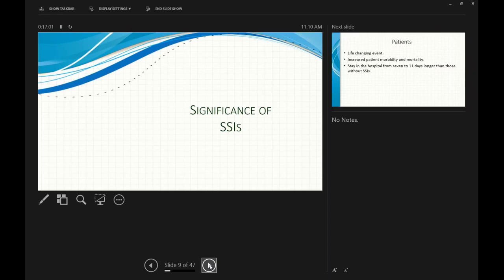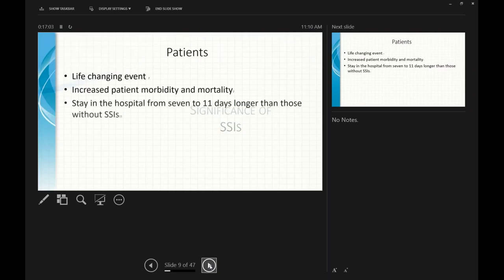So what's its significance? For a patient, it's a life-changing event. If I go to the hospital and have a total knee and come out with an infection, this will totally change my outlook on life and my life. The immobility of treating that infection, the staying in the hospital, it's a huge, huge event.